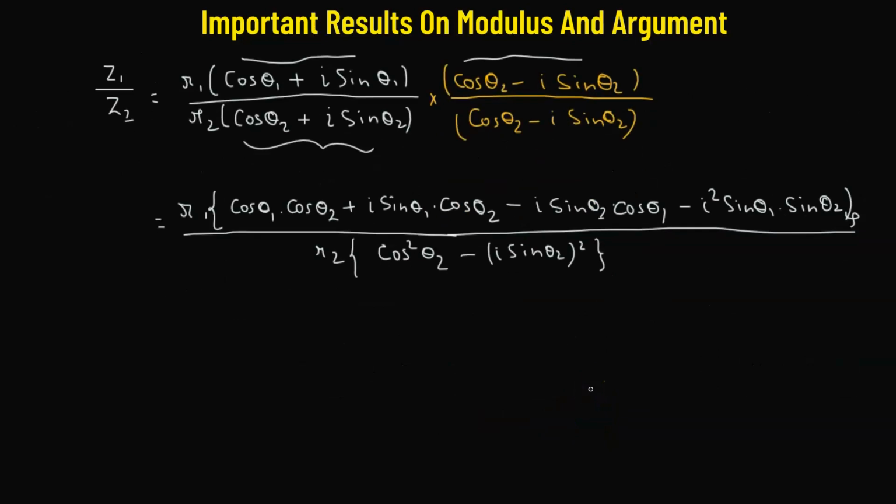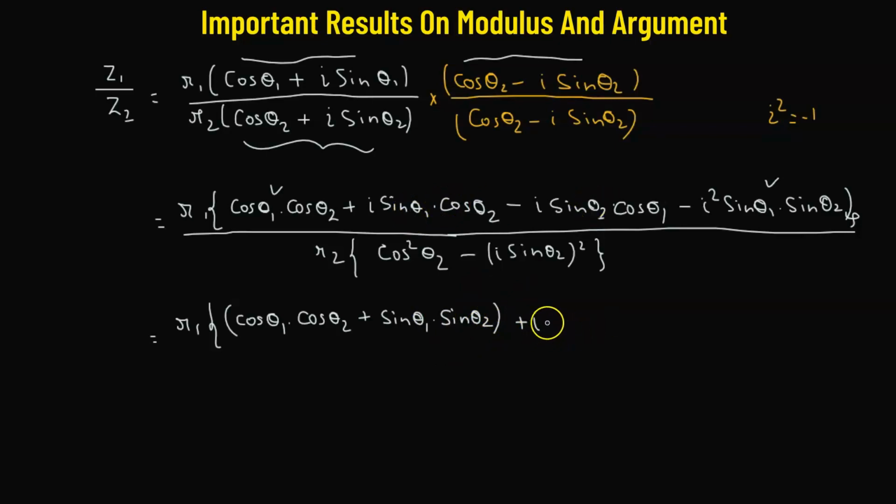Right. So what we'll do? We are going to combine the first term and the fourth term, and since iota squared is simply -1, the fourth term will become positive. And we will combine it with the first term to get r1 multiplied to cosine of theta 1 times cosine of theta 2 plus sine theta 1 times sine theta 2 plus iota times, so we'll combine the second term and the third term.